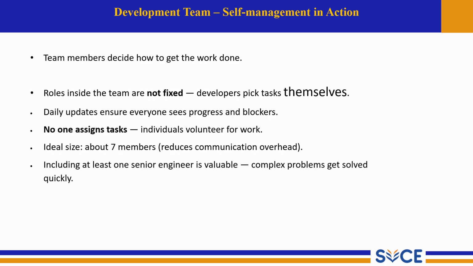No one assigns tasks. Individuals volunteer for work. The ideal development team size is about 7 members, which reduces communication overhead. Including at least one senior engineer is valuable. Complex problems get solved quickly.